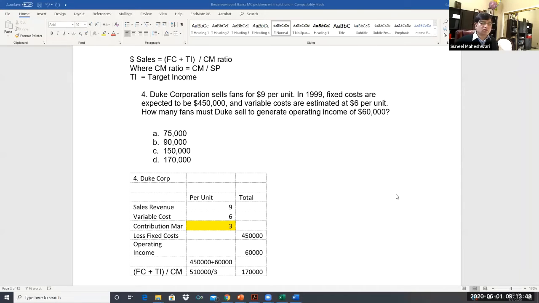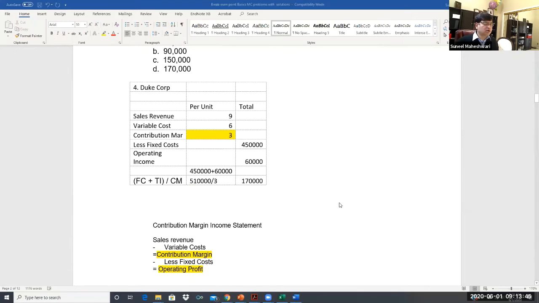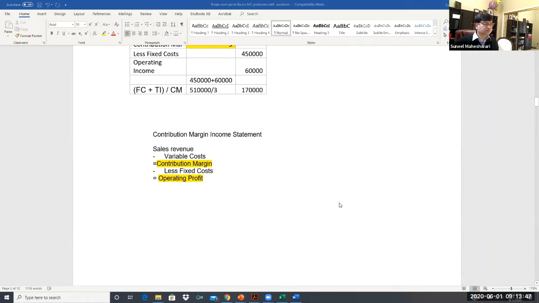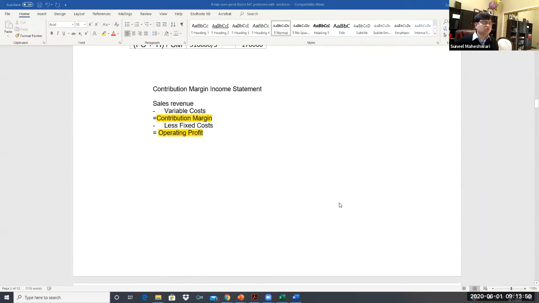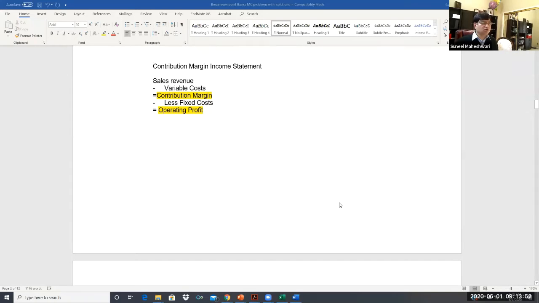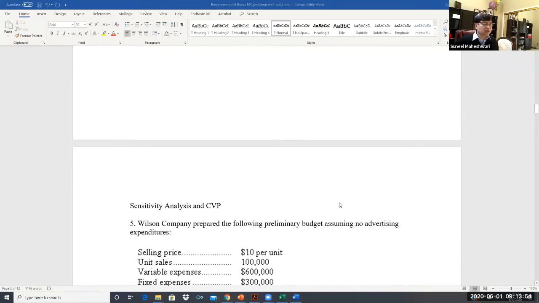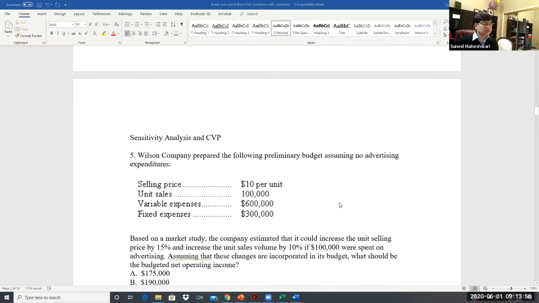Okay, we move on to the next one. As I said, this is the contribution margin income statement or the variable costing income statement. We move to the sensitivity analysis: if something changes, then what happens.